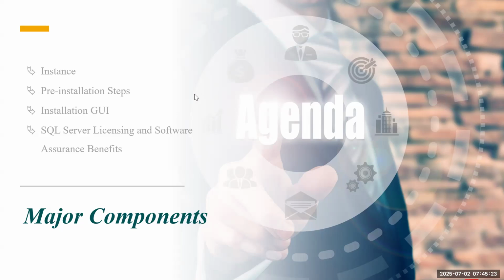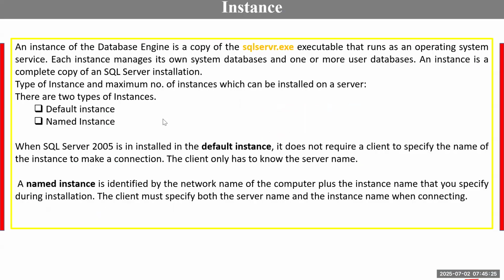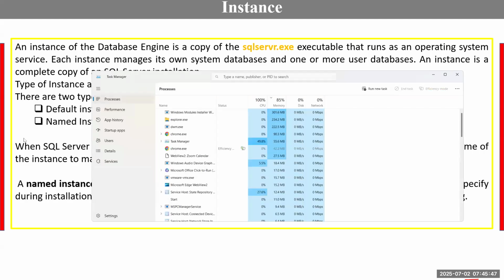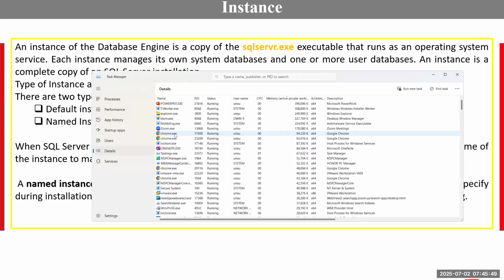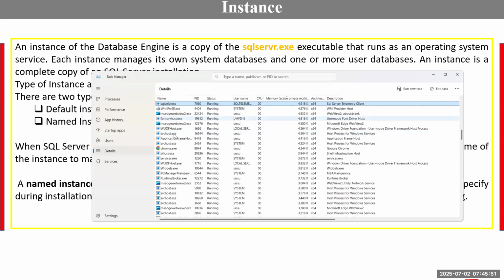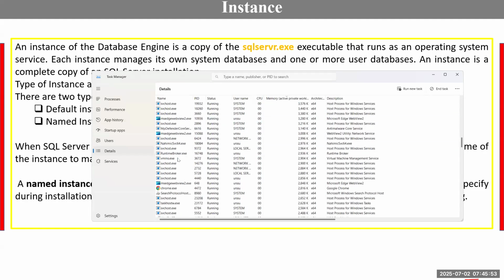So first, before I install SQL Server, you must know about the instance. What is an instance? An instance is nothing but a copy of our database engine, nothing but SQLServer.exe. When you open Task Manager and go to the details, if you search for SQL, you would see it.